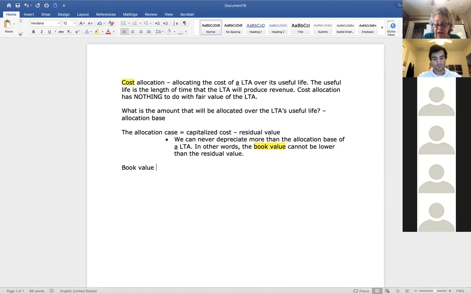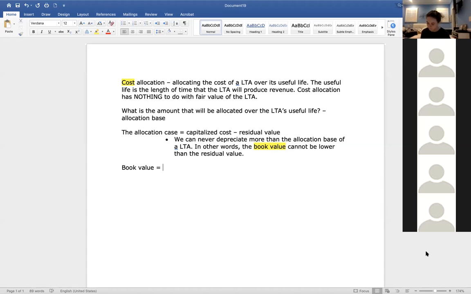So what is book value? Ryan, what's book value? Jackie, what's book value? Isn't it what it's worth, like, on your books? So is it what you paid for it?